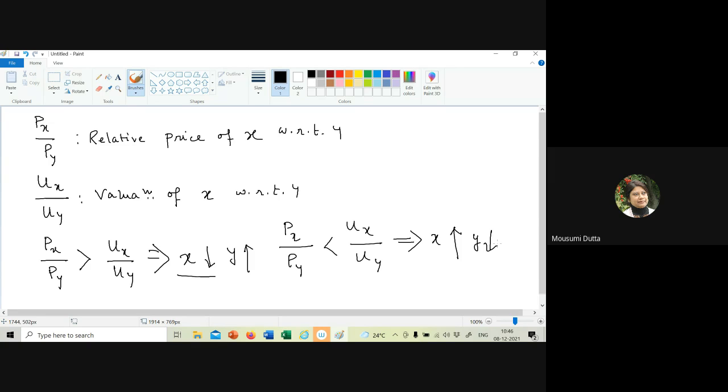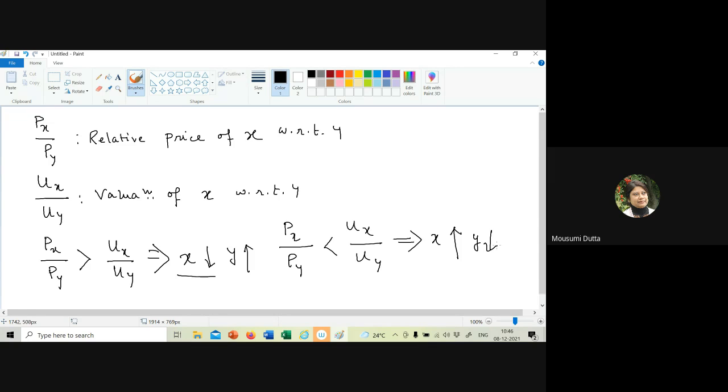However, in the last two cases, either you are continuously reducing your consumption of X, or you are continuously increasing your consumption of X, which means you are not at an equilibrium state.